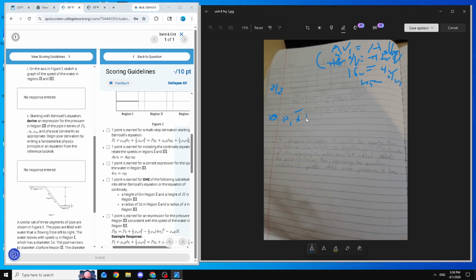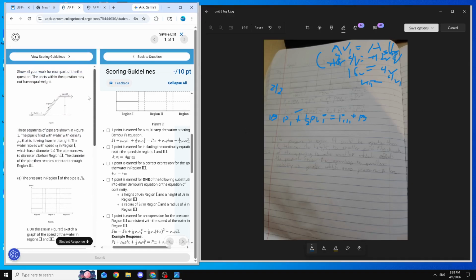So P1 plus 1/2 rho V1 squared is equal to P3 plus rho g, and they gave us Y is just H, so rho g h plus 1/2 rho 4V1 squared.